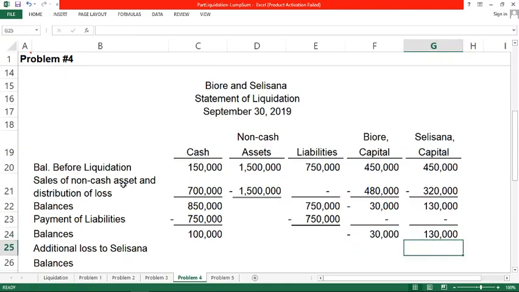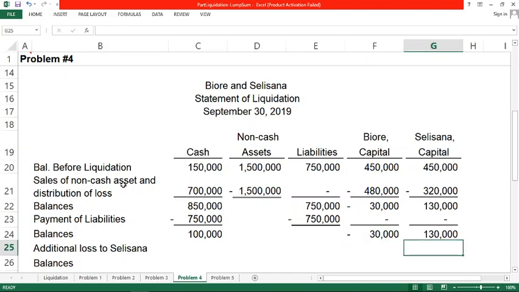Negative 30 and 130. The partner is insolvent. So, Biore can no longer give an additional 30,000 to make his capital balance positive, or at least zero.